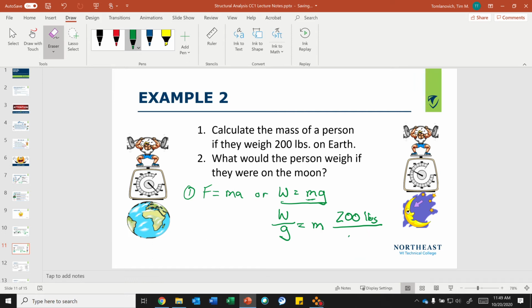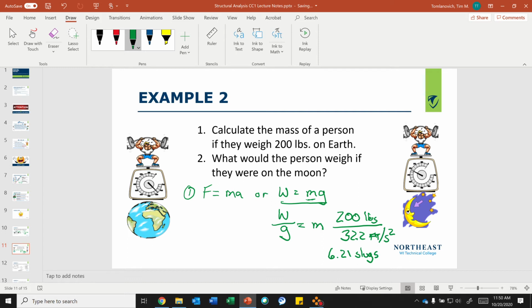The question is asking, calculate the mass of a person if they weigh 200 pounds on Earth. So I know the gravity on Earth is 32.2 feet per second squared. So 200 divided by 32.2, that's 6.21 slugs.